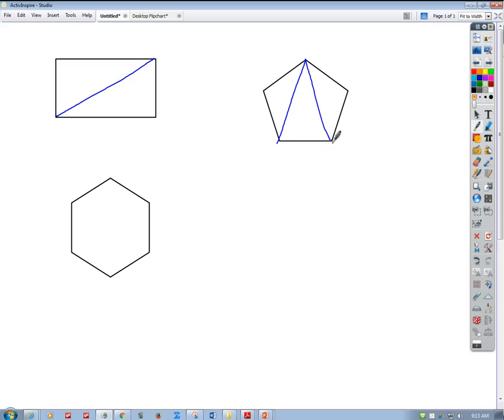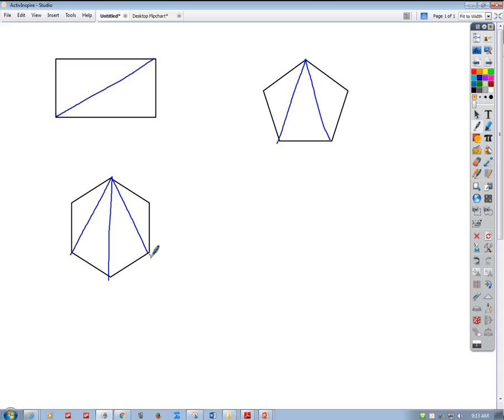Okay. Here we've got 6 sides. 4 triangles. Do you see a pattern? A 4-sided shape divides into 2 triangles. A 5-sided shape divides into 3 triangles. A 6-sided shape divides into 4 triangles.